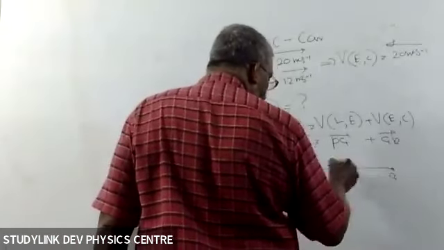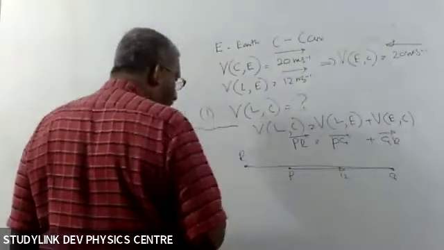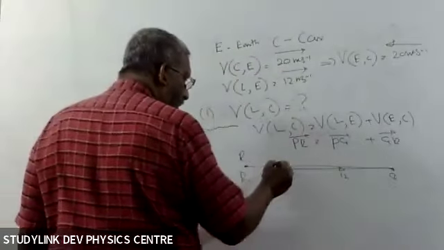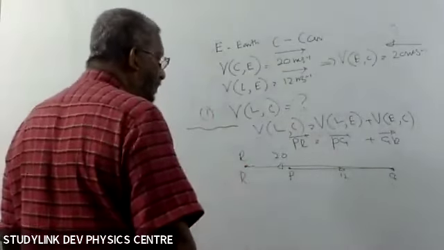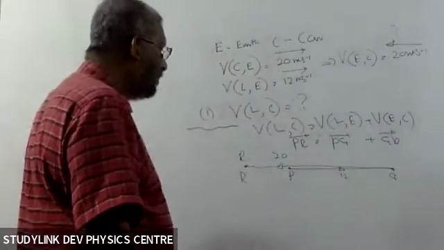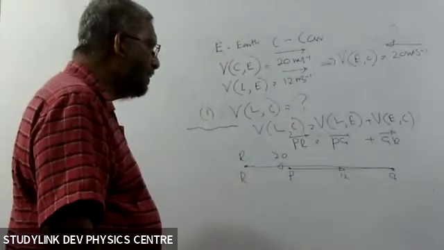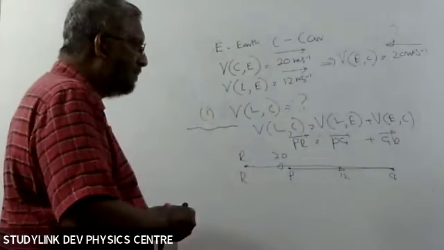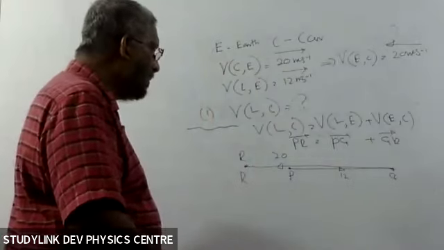So PQ, QR, and this is R, and it is 20. Then PR. We want to get a value for PR.